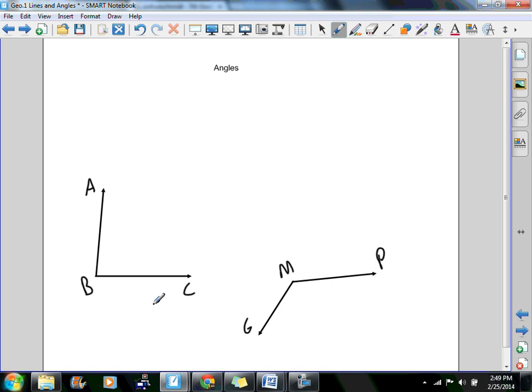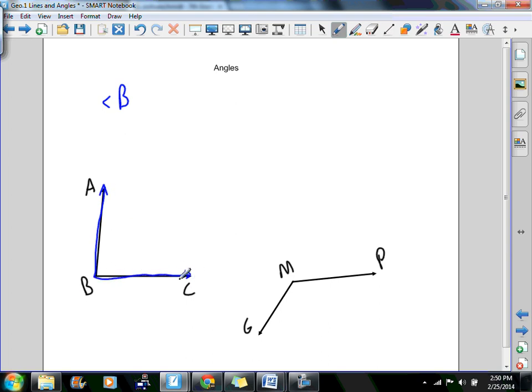Now, angles, we're going to work on measuring angles later, but for now I just want to label angles. And there are 2 ways to label these angles, technically 3, but we're only going to work with 2. So the idea is this angle could be here, angle B, but the truth is the angle is going to be made by rays in 2 separate directions.